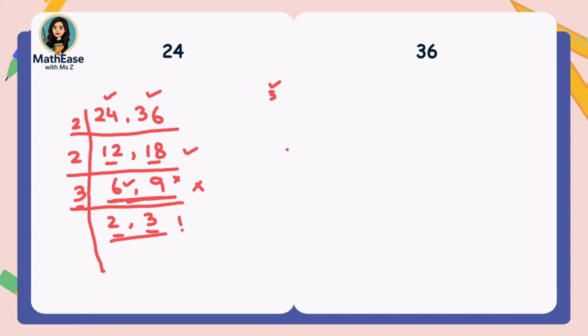After that, to find the HCF, you have to multiply all the prime numbers that you've written on the left over here. In this case, those numbers are 2, 2, and 3.